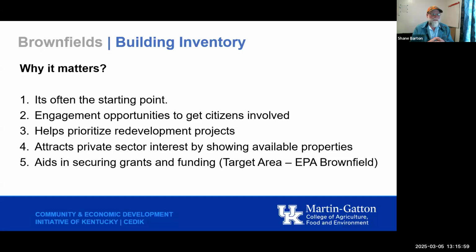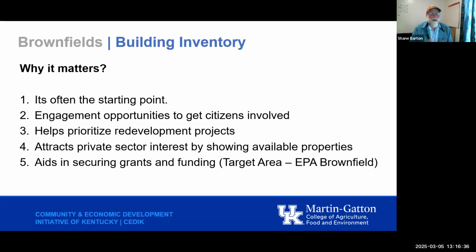So just having the real estate aggregated to show what's available, what infrastructure it may have access to, where it's located, which communities, those sorts of things are elements that an outside investor will certainly be interested in knowing. And having all of that in one place can certainly help transfer or sell those properties, or really facilitate productive reuse of those properties. But lastly, it really can aid you in securing grants and funding.